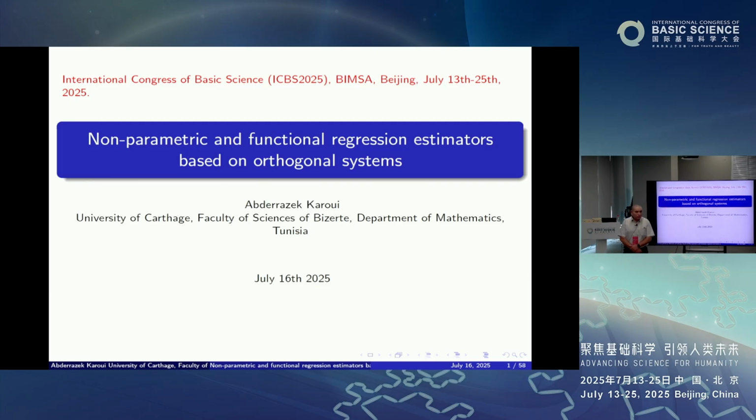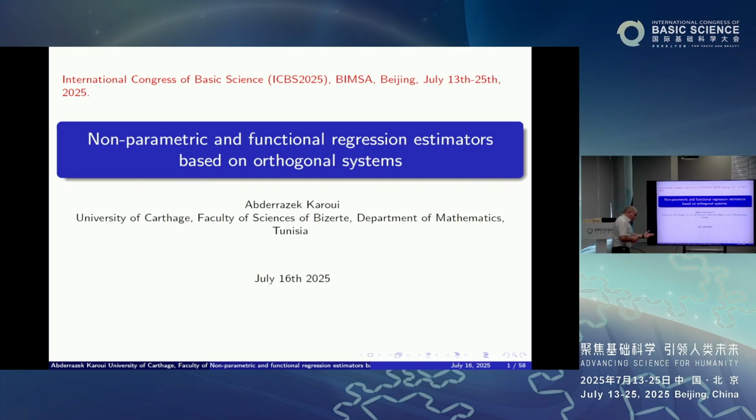So what I'm going to talk about today is non-parametric and functional regression estimators based on orthogonal systems. Maybe a better title for my talk is applied harmonic analysis meets machine learning, because we're going to see how to use tools from harmonic analysis for machine learning problems, essentially non-parametric regression and linear functional regressions, and to prove why the given estimators are good.